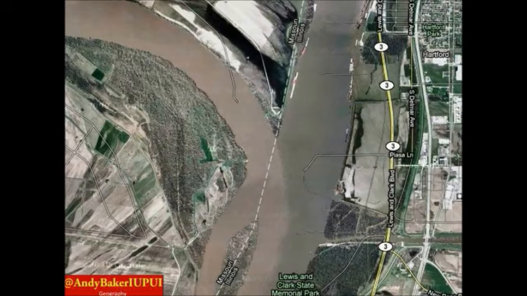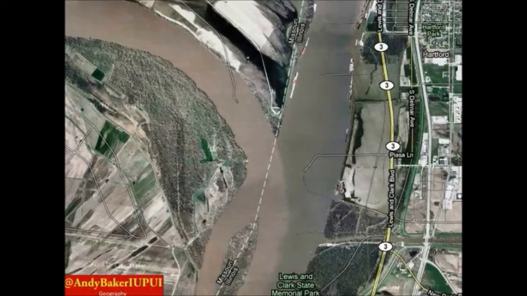Here we have a confluence of two rivers. Confluence is essentially where two rivers meet. This is the Missouri River and the Mississippi River confluence, just north of the town of St. Louis. Everything's pretty much flowing to the bottom here, with the Missouri River on the left-hand side and the Mississippi River on the right-hand side.